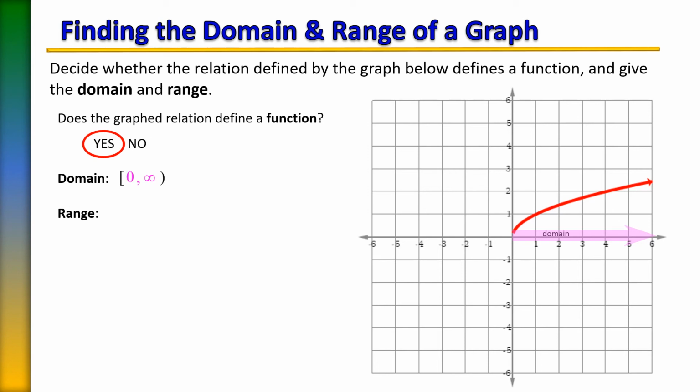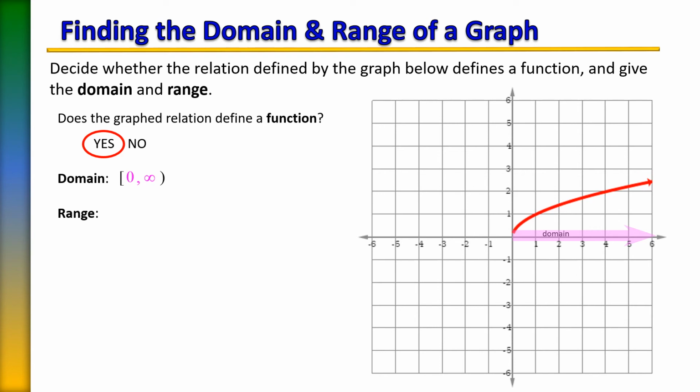Next, I want to know the range. The range is, again, how much it extends up and how much it extends down. Well, the graph does not go below 0, so it wouldn't include any negative numbers here. Your range would be starting here at 0, and because we have an arrow at the end of this graph, it means that it's going to go forever and ever up, even though it looks like you see it going to the right or to the side.